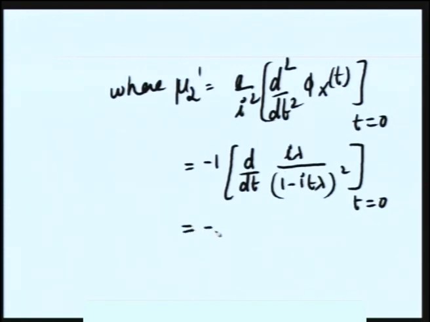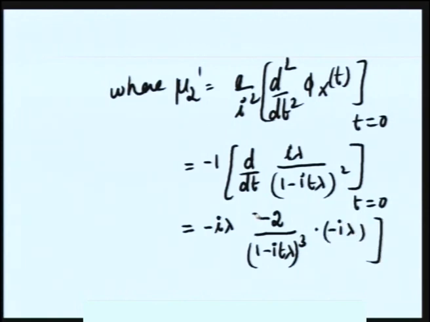I will take it outside, minus iλ, and one more time differentiation is minus 2 by (1 − itλ) whole cube into minus iλ. This ultimately you have to put t equal to 0.